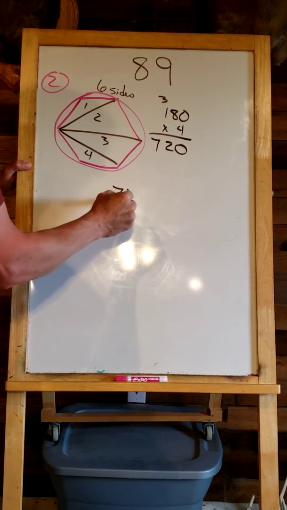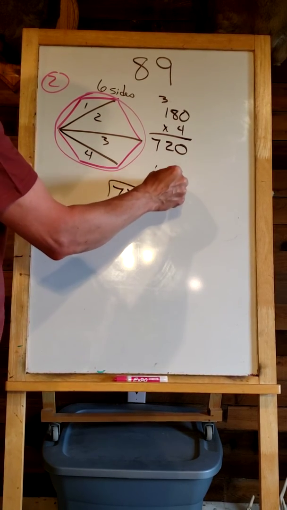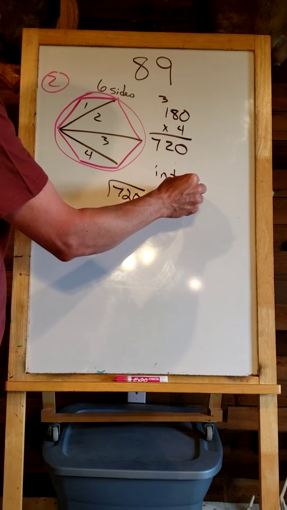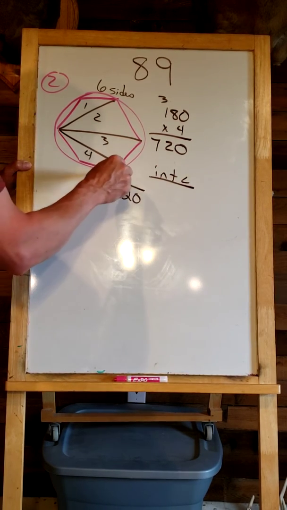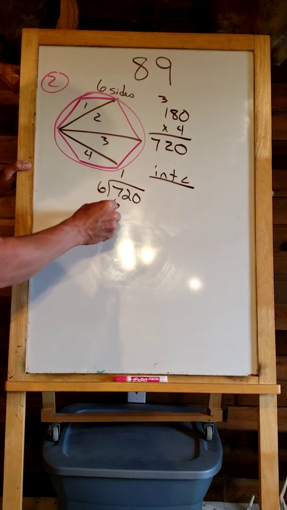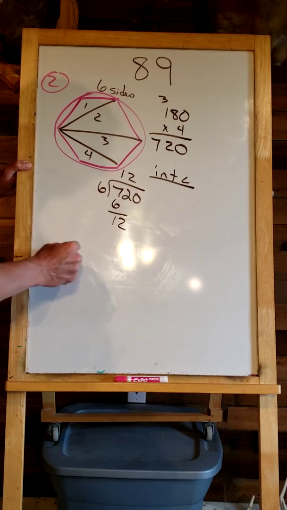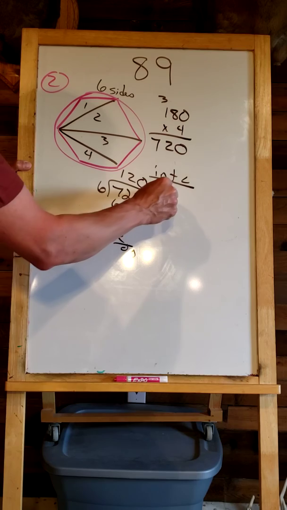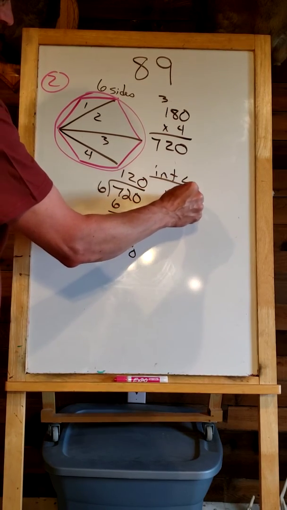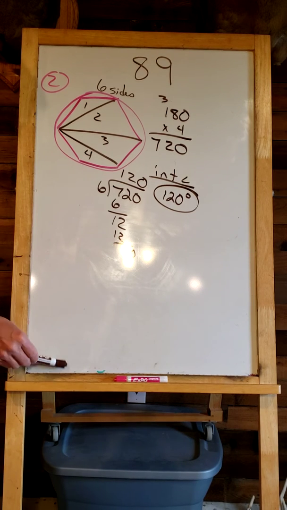So we're going to take that 720 in terms of finding the interior angle and divide by 6. 6 into 7 once. 6 into 12, 2. Which leaves us with 0. So the interior angle of this hexagon is 120 degrees.